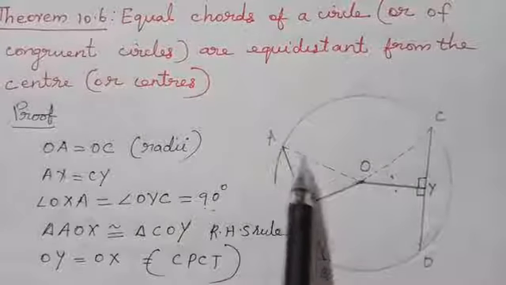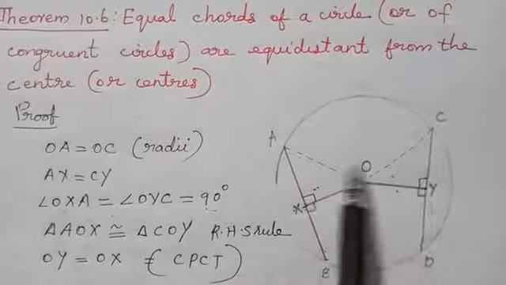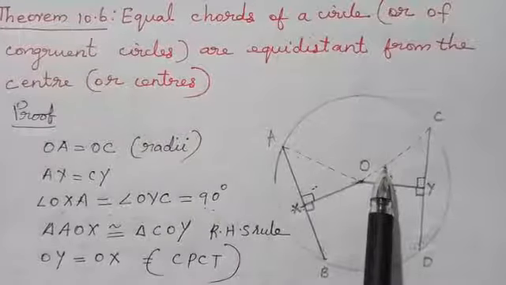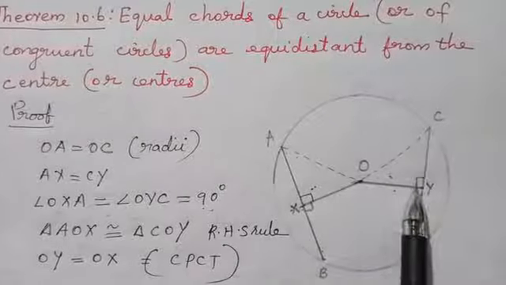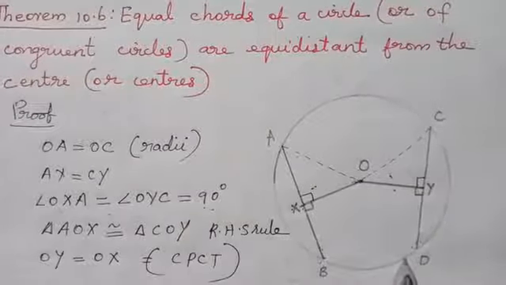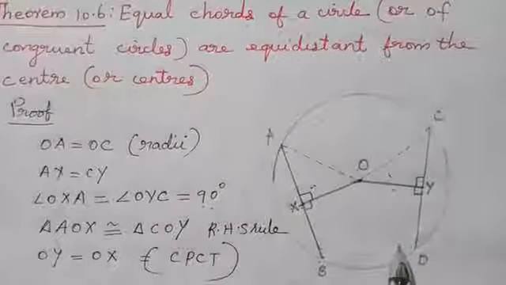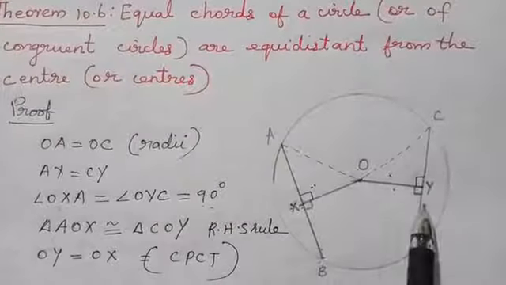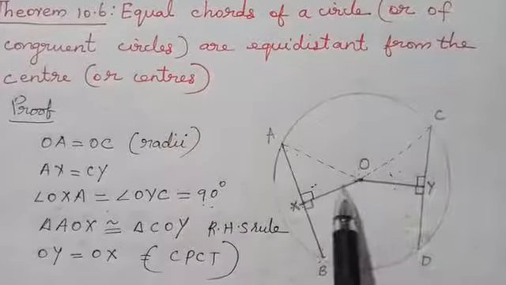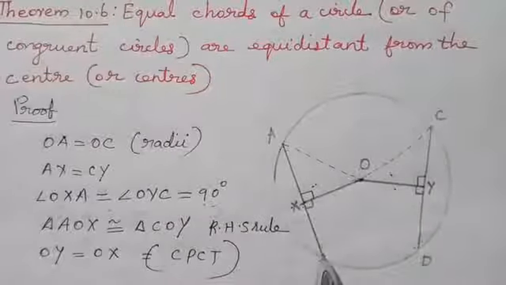Now consider AO and OC. Both are radii of the same circle, so both are equal. Then AX equals CY, given that AB and CD are equal chords of the same circle, and these line segments are perpendicular to the chords.